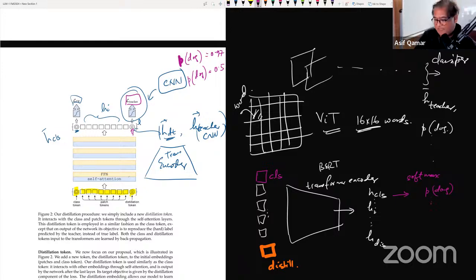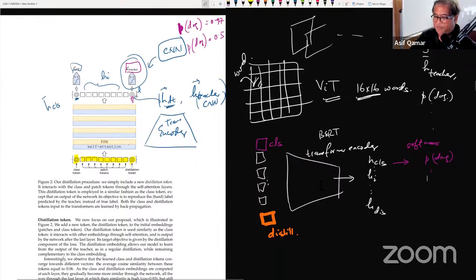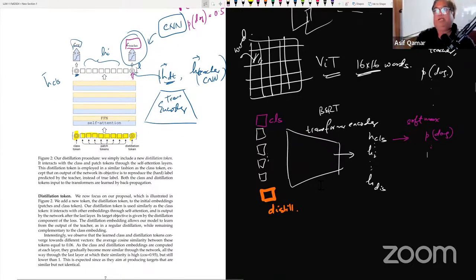The DeiT paper trained it without the distill token. They knew the answer because it's labeled data. If it is a dog, the negative log of the probability of a dog is my loss. This is your basic cross-entropy loss, CE loss, which is the yellow thing that I'm highlighting here.